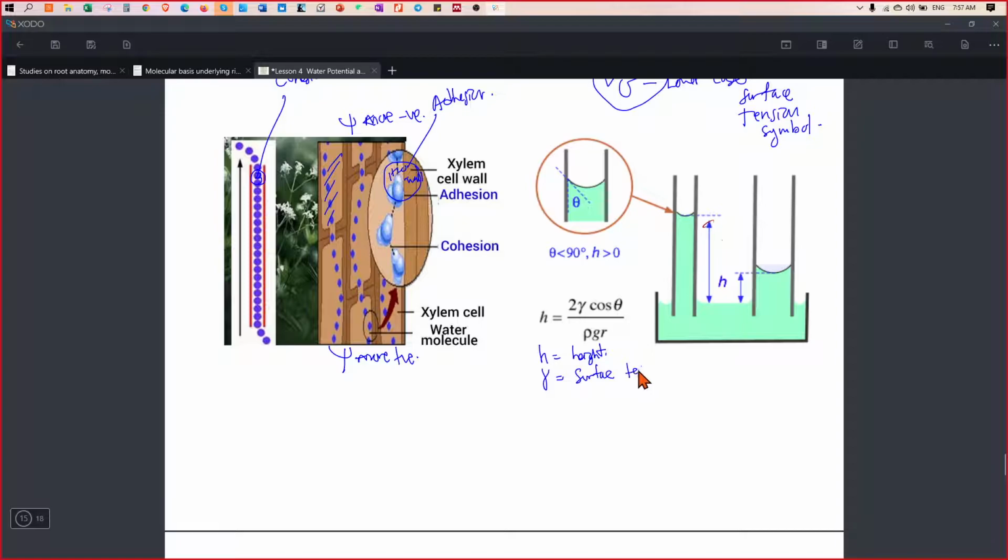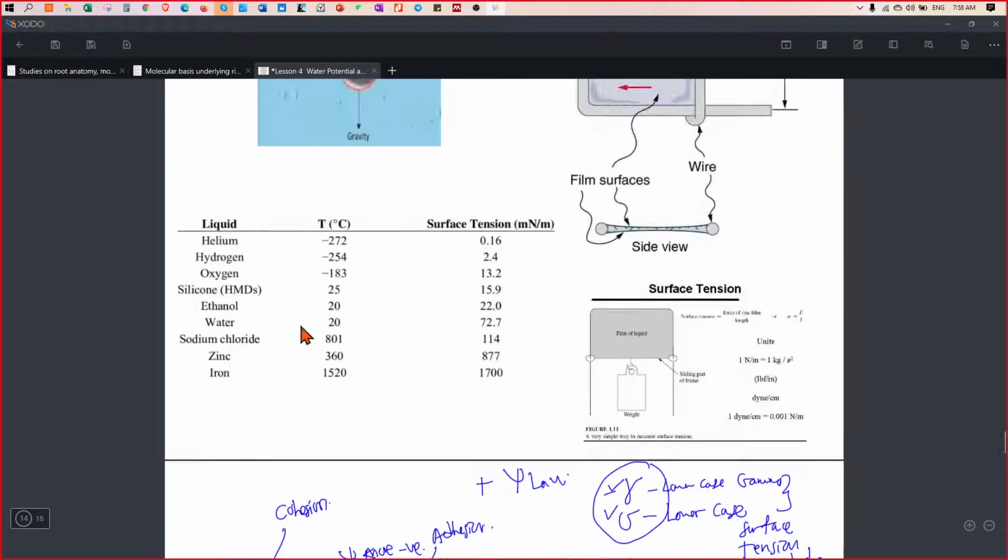Surface tension. However, you need to pay attention to the temperature, because surface tension changes with temperature.